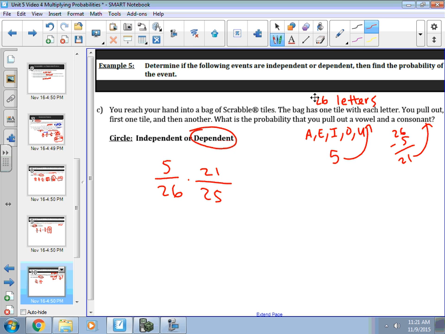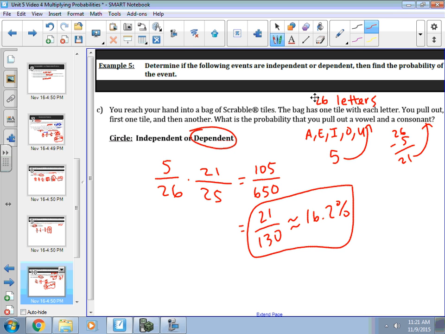If we multiply this together, this would be our probability. If you multiply that on top, it's 105. 26 times 25 is going to be 650, and that simplifies to 21 out of 130, or about 16.2%.